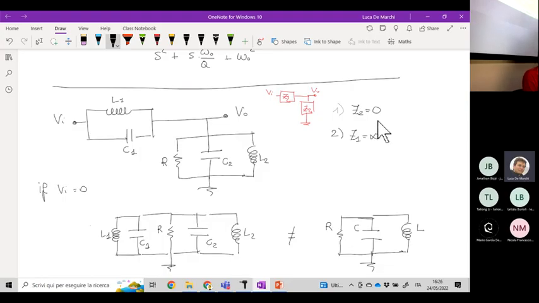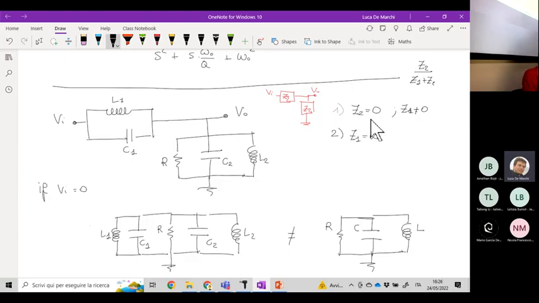If you remember, the transfer function here is Z2 over Z1 plus Z2, and we want to null this expression.